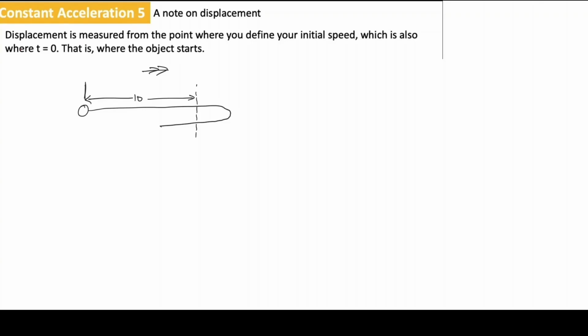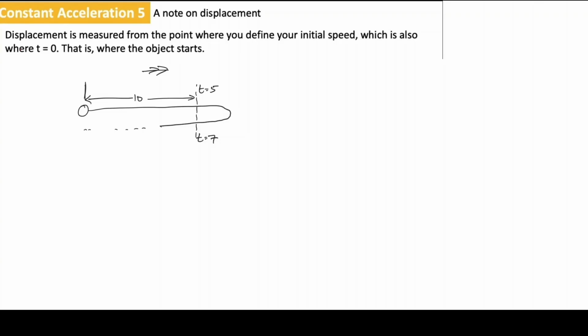So we may have two times where that can happen, and we have formulas that help us to calculate those two times. The object may continue moving, and its displacement eventually will become 0 when it gets back to the starting point. We know this because displacement is measured from our start point to the point we're interested in.